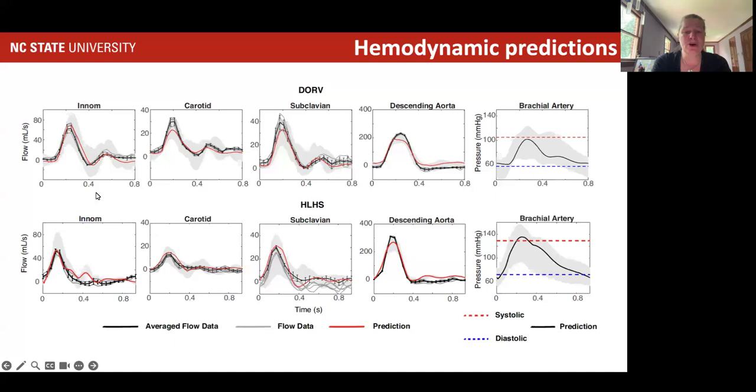The gray lines are the flow data, and this shadow of gray lines is the spread we had before we started estimating, to make sure that the parameter range we are sampling from will be within the model solution.